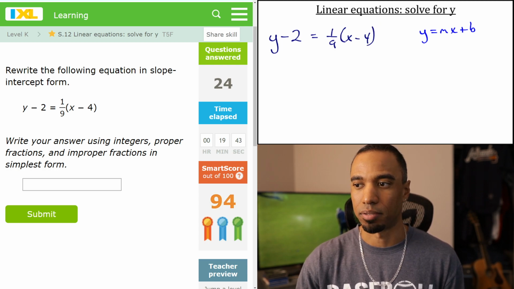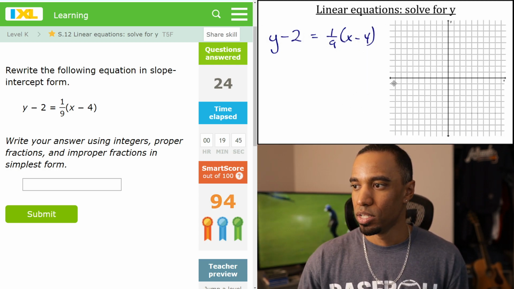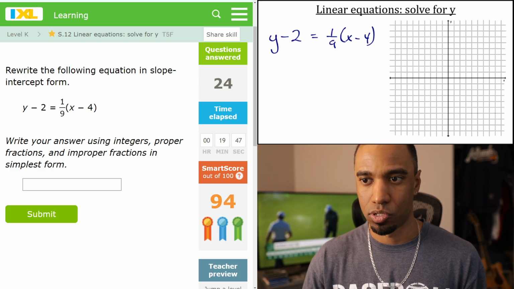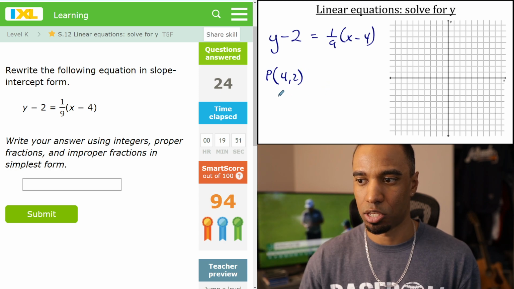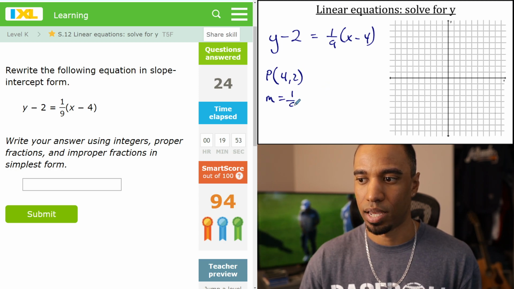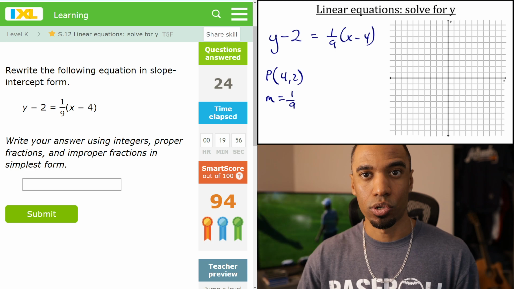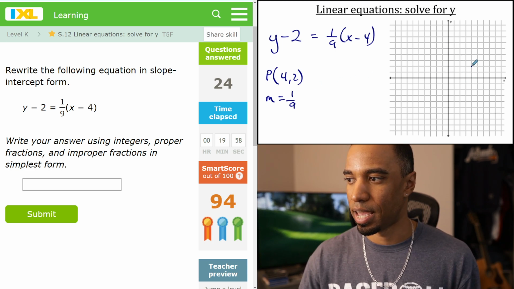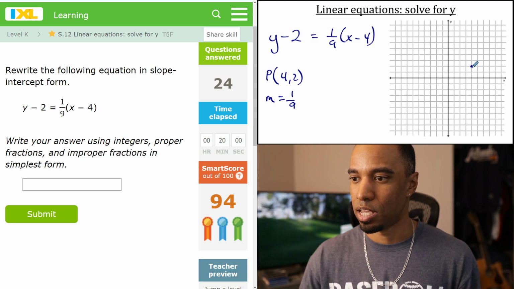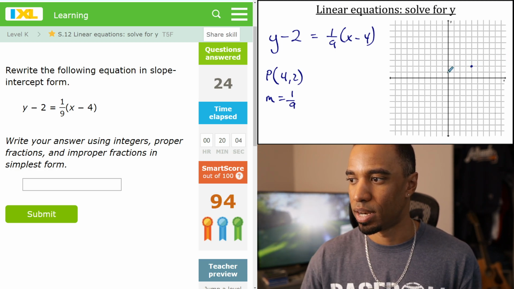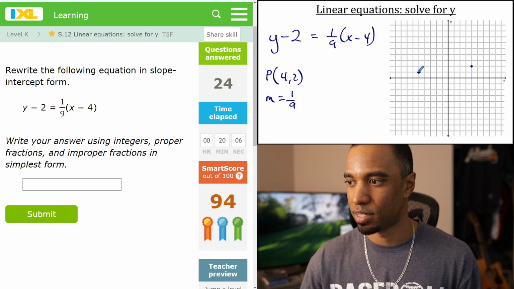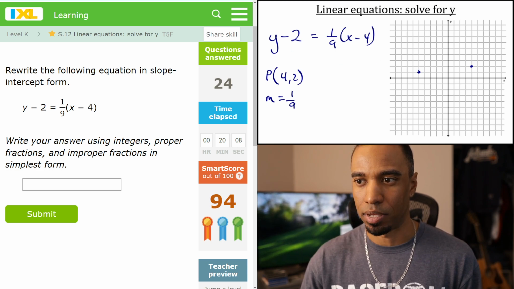Okay, in fact, I'm going to graph it. What does this one here tell you when it comes to graphing? We pull out the information that we have a point of (4, 2). That's my x1, y1, and my slope is 1/9. So what I can do is start from 4 on x, 2 on y, and either rise 1, run 9, which is out of reach here, or I can fall 1, run 9 to the left, like that, and get a new point so it can help me draw my graph.